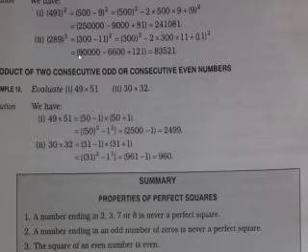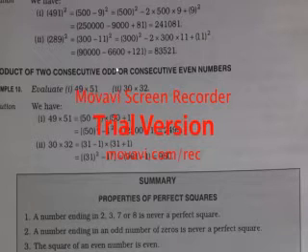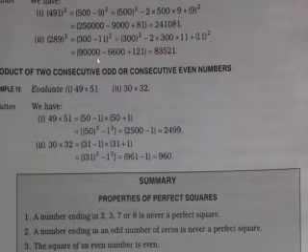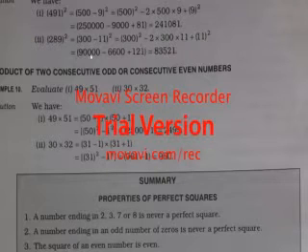When we subtract 6600 from 90,000, we get 83,400. And when we add 121, then we get 83,521, because 400 was there and 121 has been added.